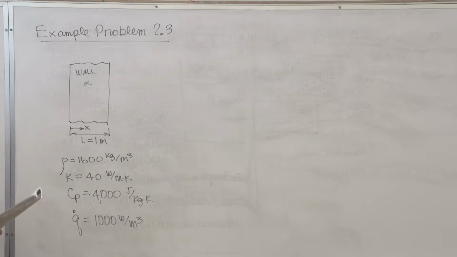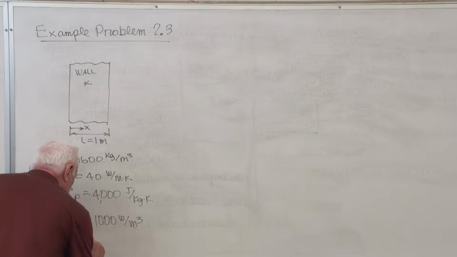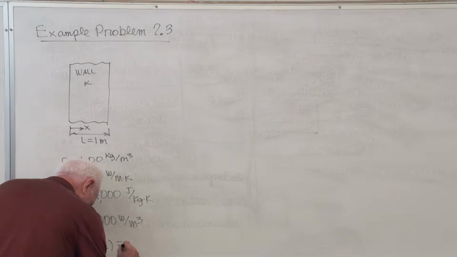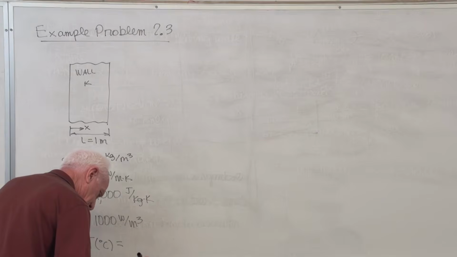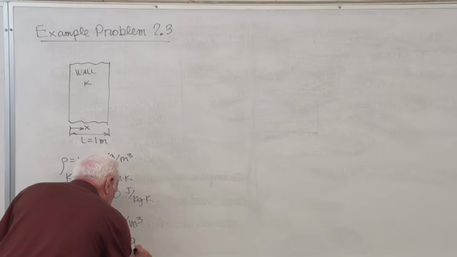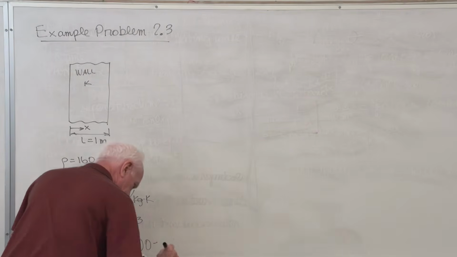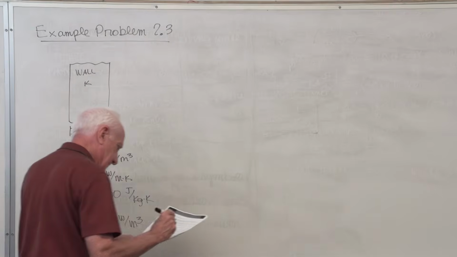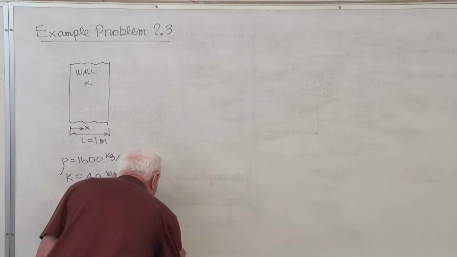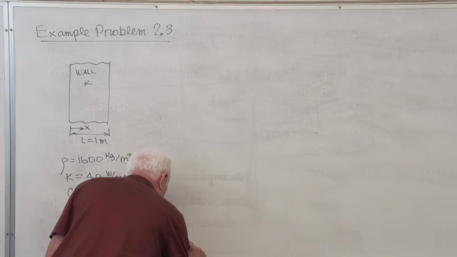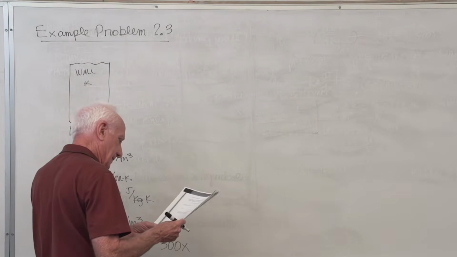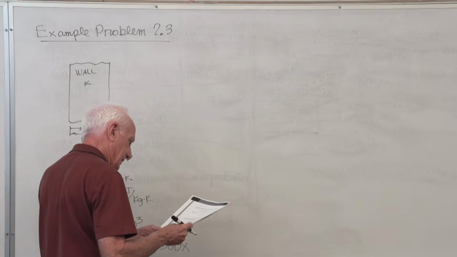And let's see, okay, the last thing we're given is the temperature distribution. Temperature in degrees C is 900 minus 300x minus 50x squared.